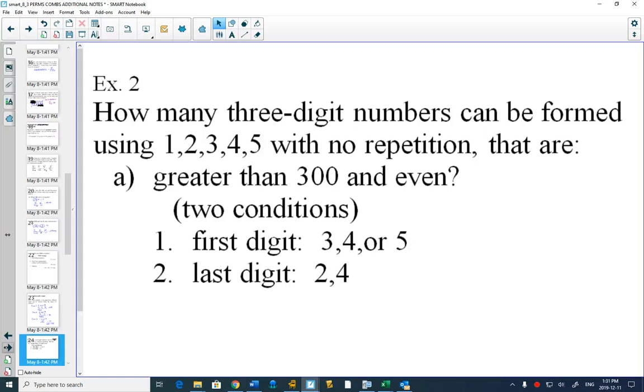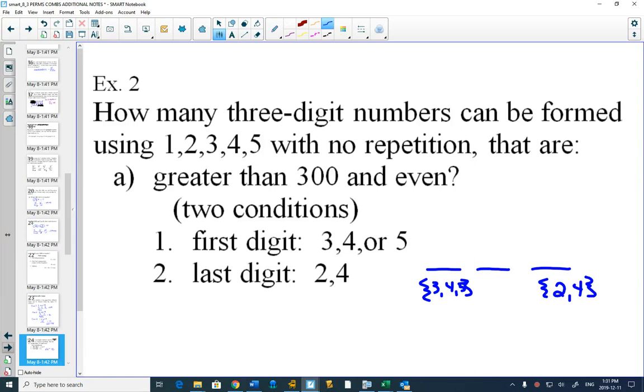It has to be greater than 300 and even. So if I would go and draw my spaces, I have a restriction on my first digit that it can only be a 3, a 4, or a 5. I have a restriction on my last digit that it can only be a 2 or a 4.